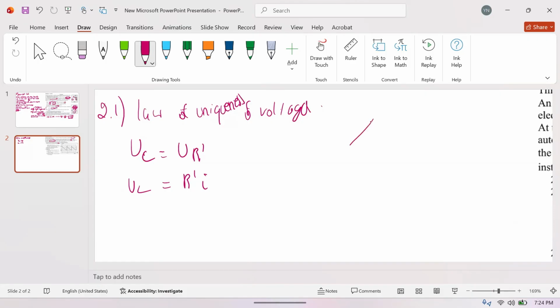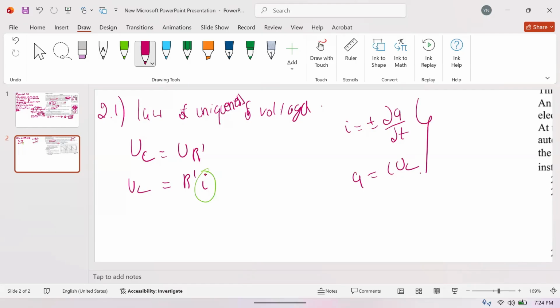Now, if you remember, I told you that your differential equation should have U or I or UC, but none of these two together. So here I have UC and I, so I have to get rid of I. How can I do that? I go back to my main formulas, which are i equals plus or minus dq over dt, and q by itself is C UC.